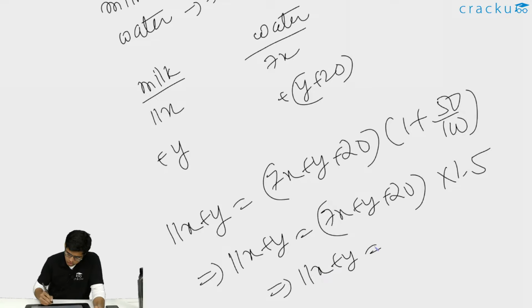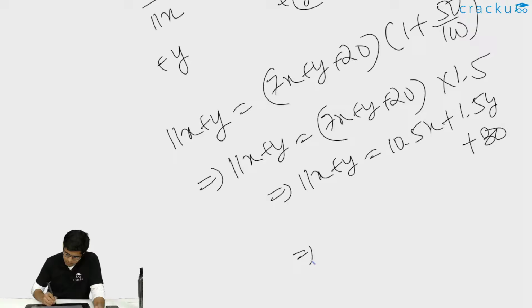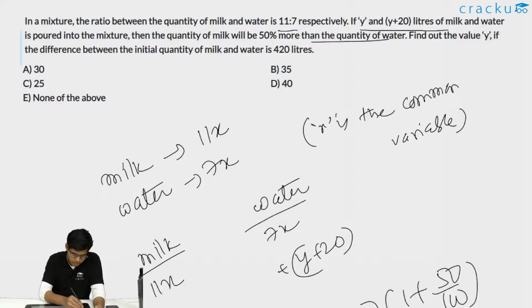So 11x plus y equals 7 into 1.5 is 10.5x, plus 1.5y, plus 20 into 1.5 is 30. Okay, 11x minus 10.5x is 0.5x. 1.5y minus y is 0.5y. It is, sorry, plus 30. My bad.